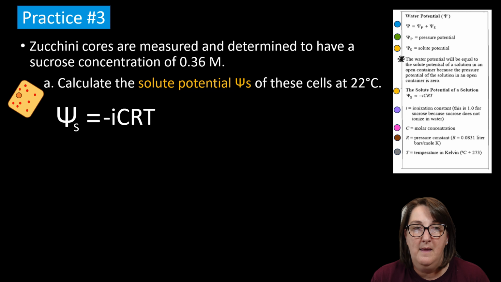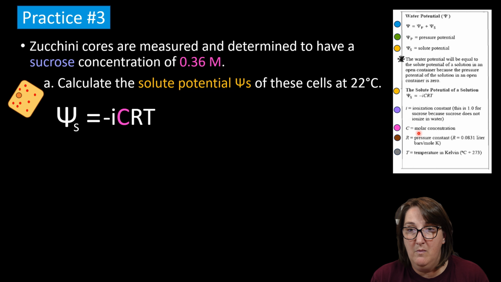Yes, I do. So now what I'm going to do is start looking through this and see what I've got. I have a sucrose concentration, all right? So that's telling me what number I am going to use for i. Should be 1. Now I'm going to look at the next thing I come to, which is this one right here. So what is this? What does this represent?